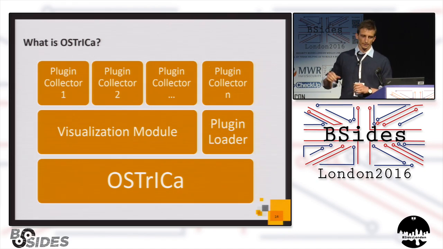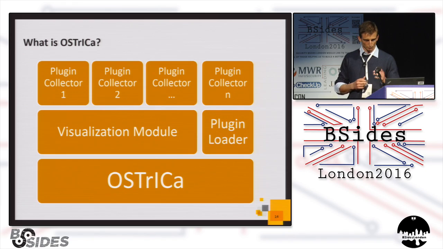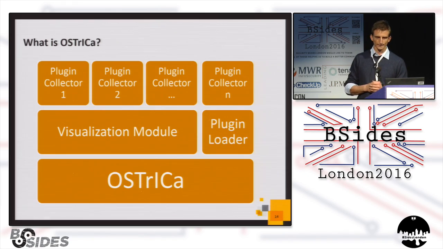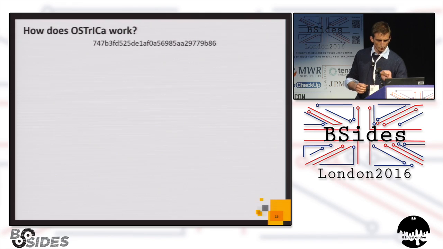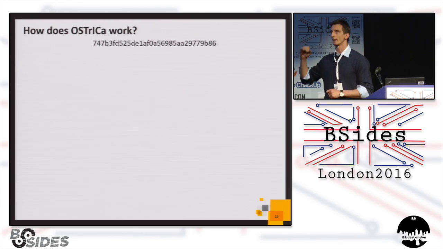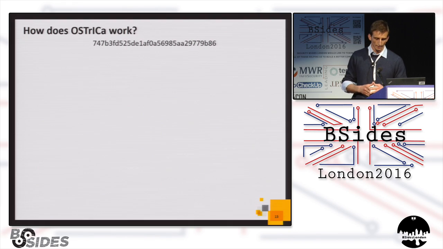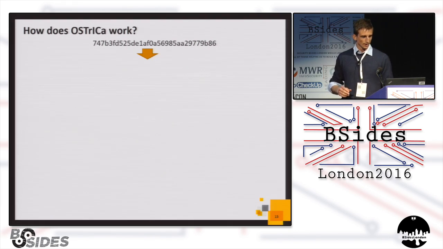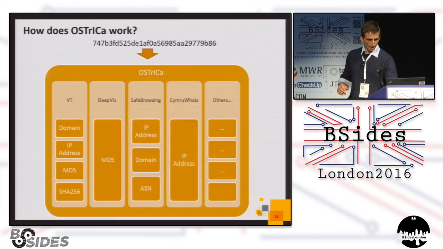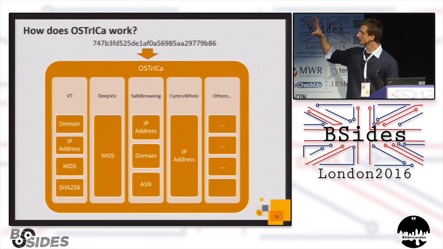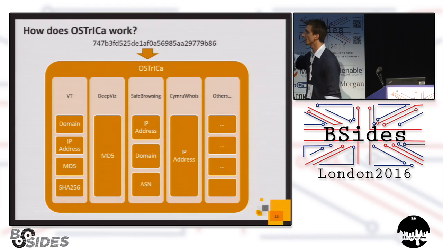It loads the plugin, it executes, as I'm going to show you later, and then it can visualize the information. So for example, we have an MD5. We found an MD5 in our network. Okay, we give it to OSTrICa. That's basically the structure of my tool.